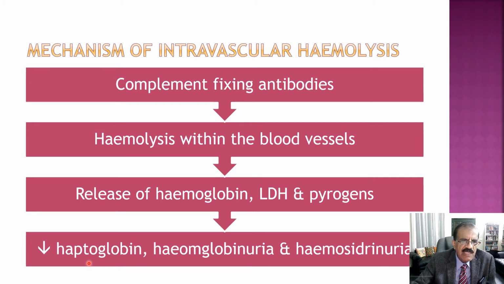So as a result, haptoglobin level will be reduced. The importance of haptoglobin in diagnosis is that if haptoglobin level is reduced, that is an indirect sign of release of hemoglobin into the plasma and an indication of hemolytic anemia.